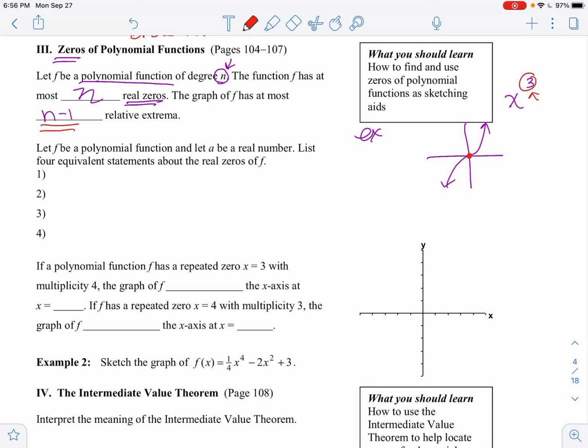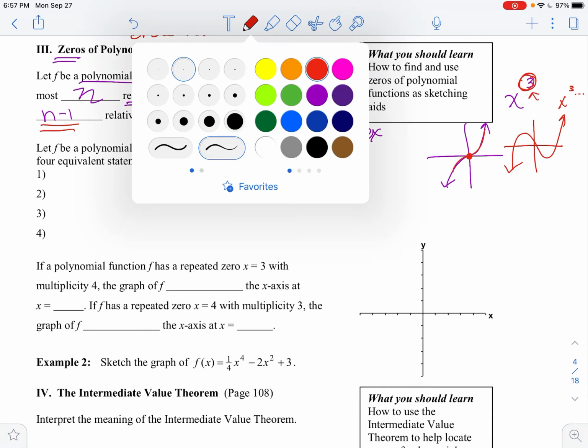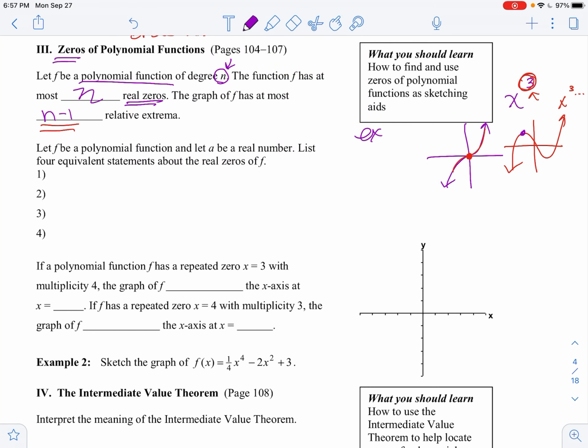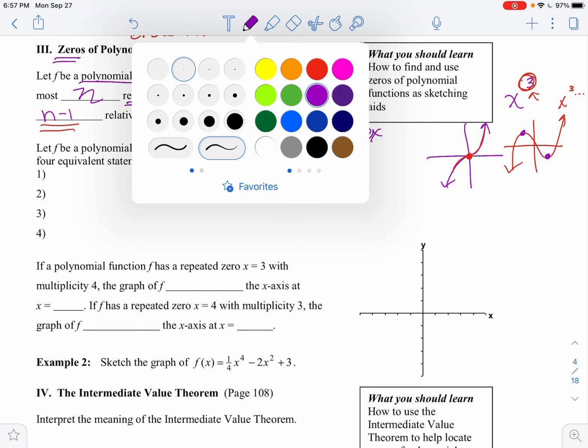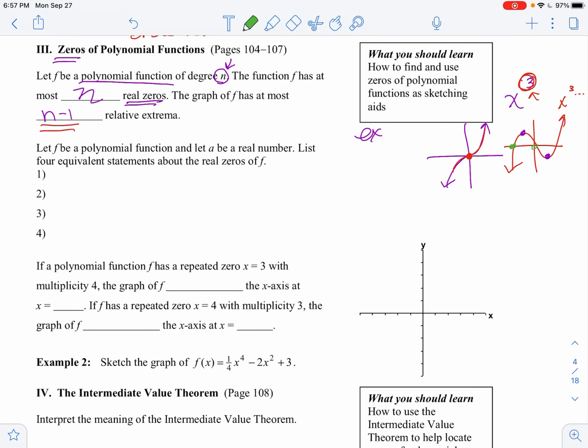So our relative extrema, we really only had 1 here, but we know that there's not going to be more than 3. We can also see this one is an x to the third type of graph, where we see that there's only 2 extrema, and that there's 1, 2, 3 of those x-intercepts or zeros.